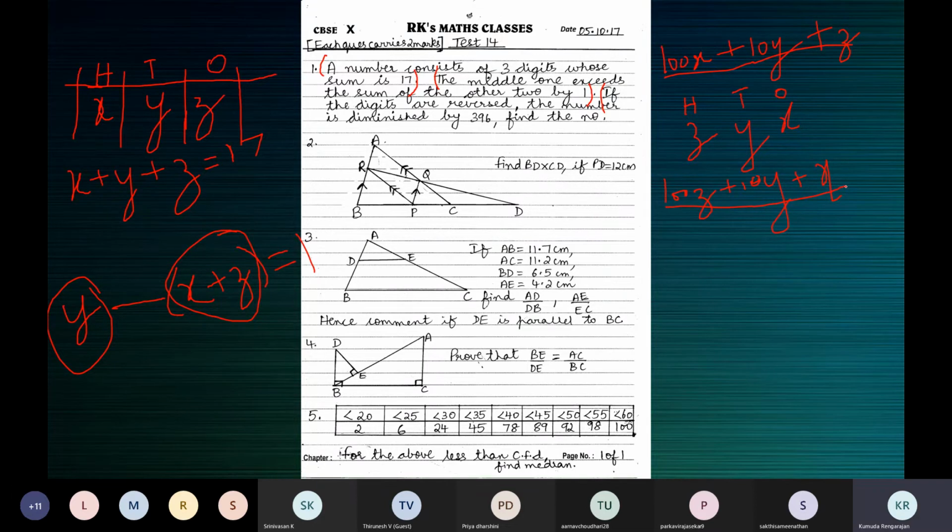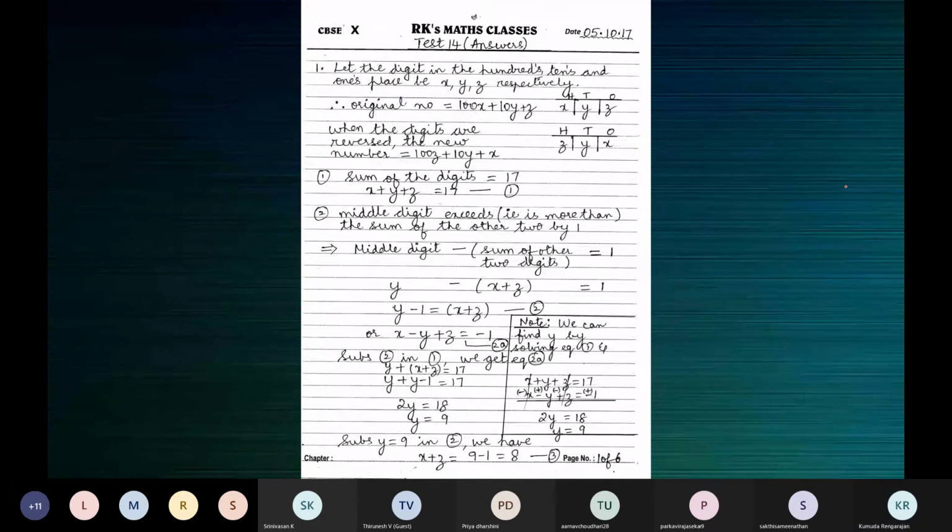Only I'm showing you the answer for the first one. Please write down now in the class if you have not finished it or if you were not able to get it.